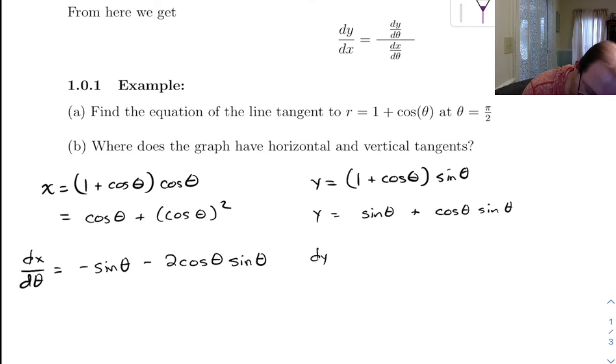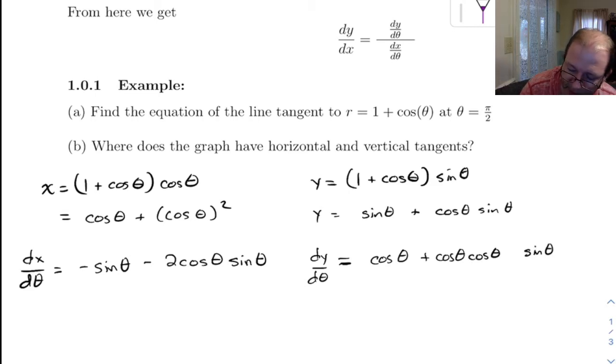And over here, dy d theta, derivative of sine is cosine. First times derivative of the second, derivative of sine is cosine, plus the second, so that's sine theta times derivative of cosine. Derivative of cosine is negative sine. So we get all that.